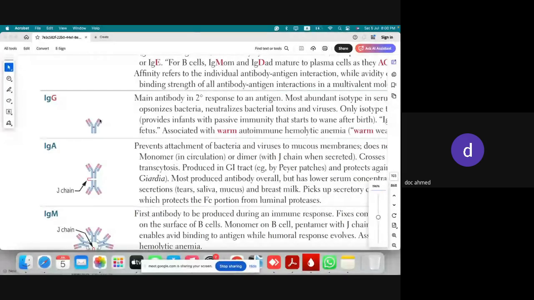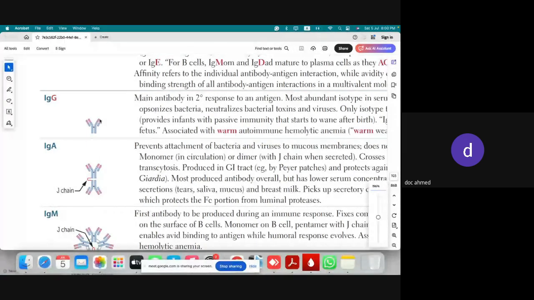Warm or hot, those are the same thing. The warm variant of autoimmune hemolytic anemia involves IgG killing your red blood cells, and the cold variant involves IgM killing your cells. That's all.